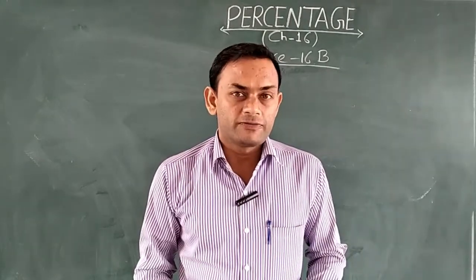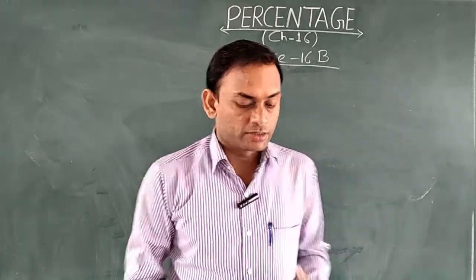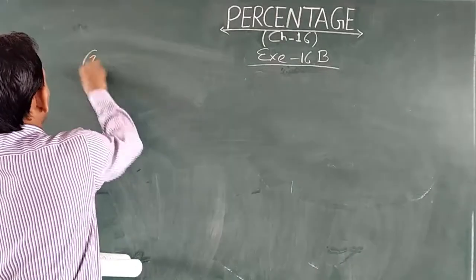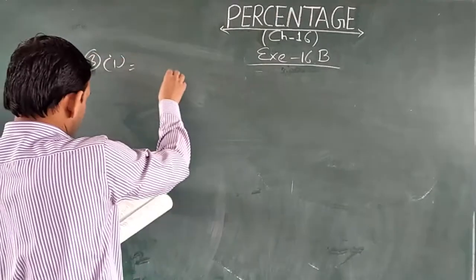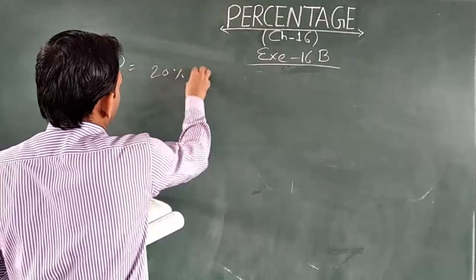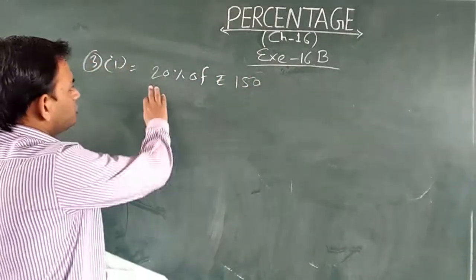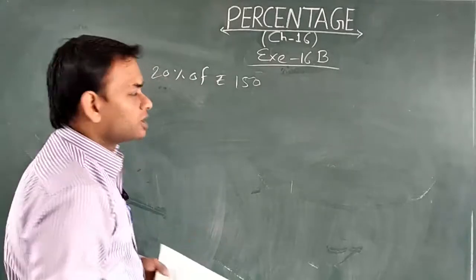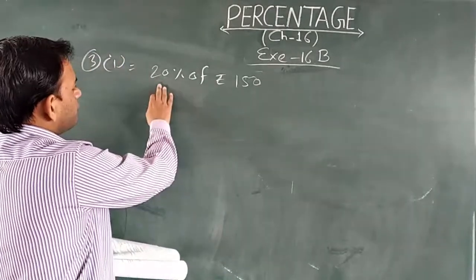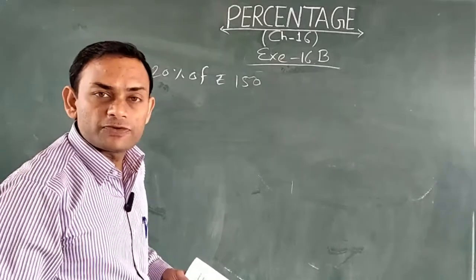After that, question number 3: find the value of each of the following. Third question, this is the first part: 20% of 150 rupees. I told you this type of question in the last video, how to change. Here we have to find what is 20% of 150 rupees.